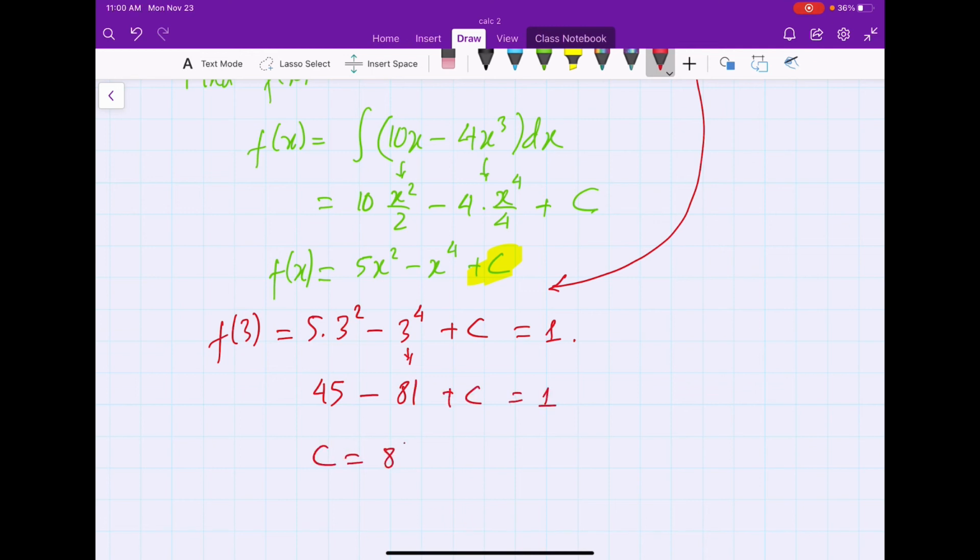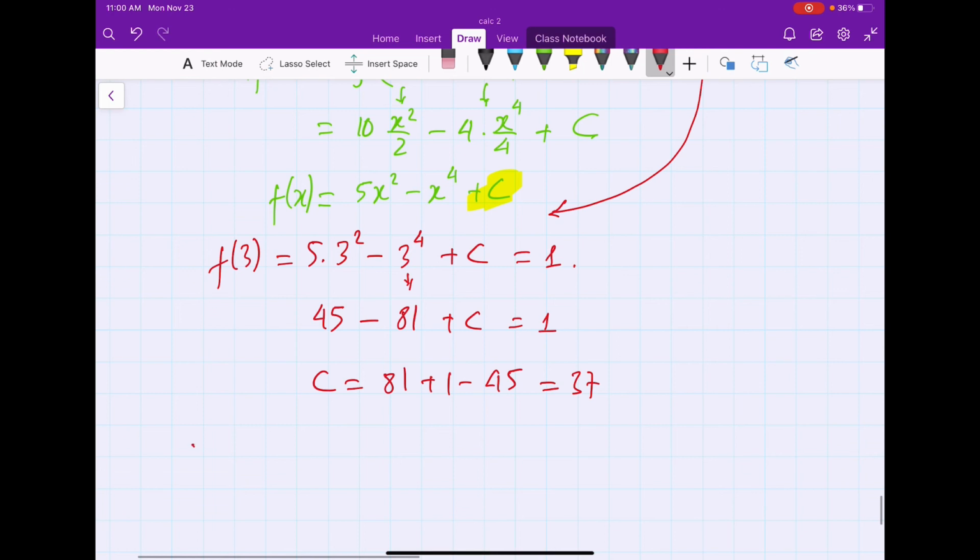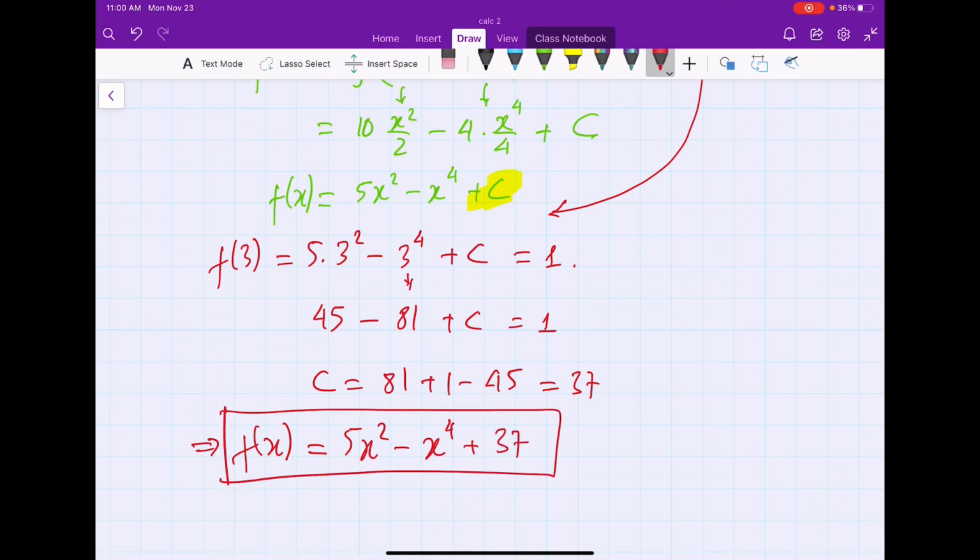So c equals 81 plus 1 minus 45, that is 37, I guess. From here, the function is f of x equal to 5x squared minus x to the 4 plus 37. It is pretty simple, right?